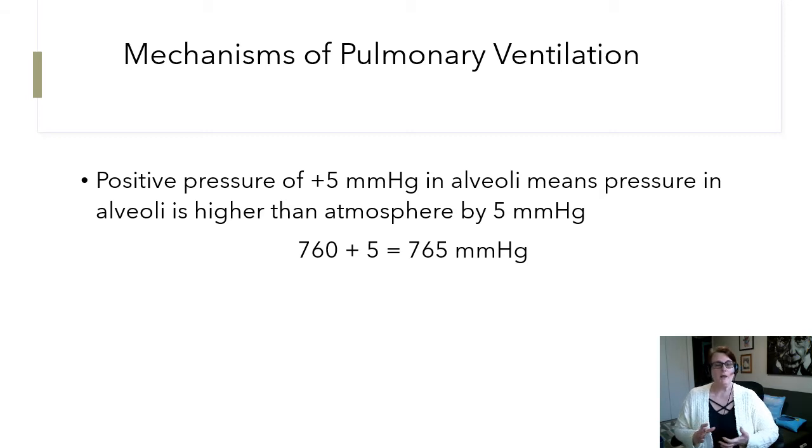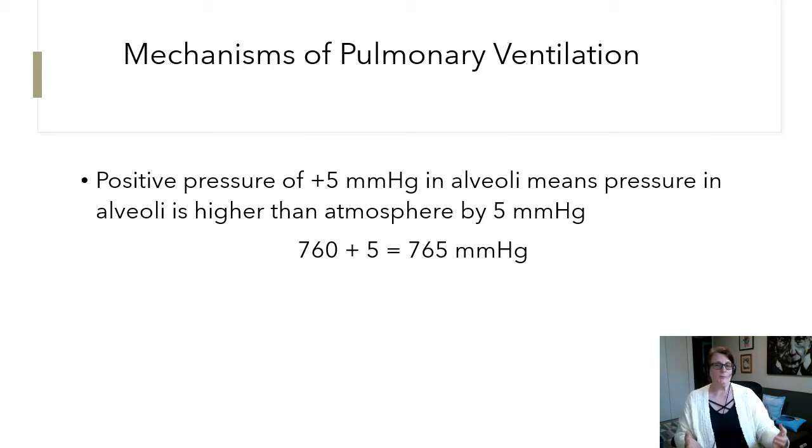If my airway pressure in the alveoli is higher than what is in the atmosphere, where is the air going to go? It's going to go towards the area of least pressure, which means I'm exhaling. The air is going out. It's going towards my mouth and out into the atmosphere.